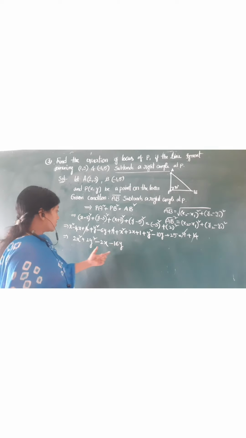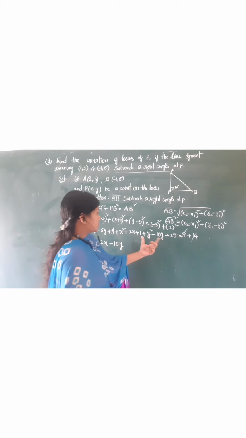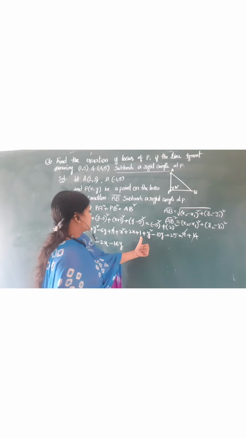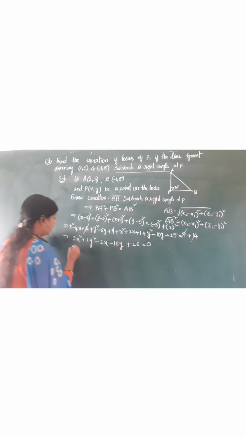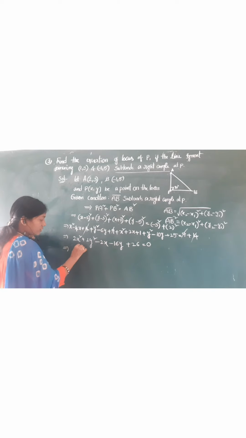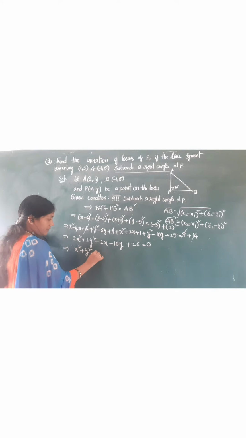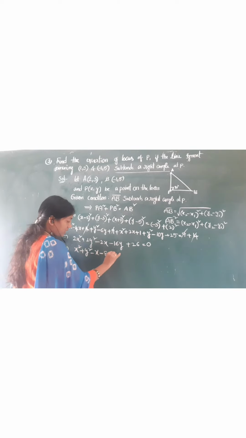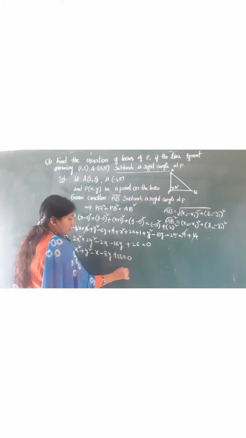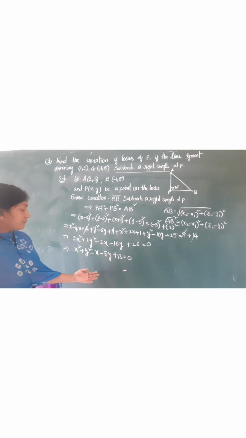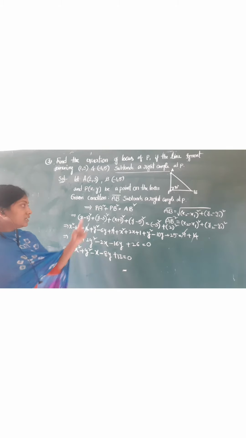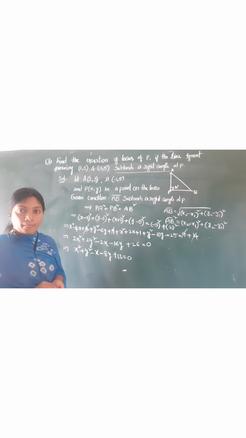Now the constant, plus 1 plus 25, that is plus 26, is equal to 0. We can take 2 common, so x square plus y square minus x minus 8y plus 13 is equal to 0 will be the required equation of locus of P depending on this condition.